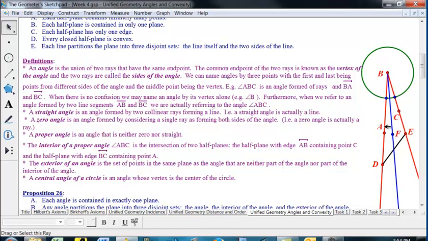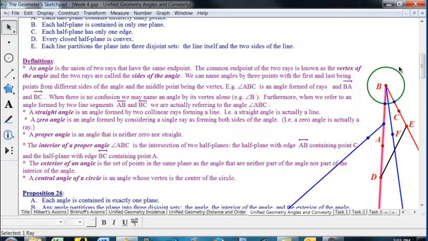But angle ABE is not adjacent to angle ABF because their interiors have some overlapping points, like right in here. Some other things are not adjacent angles, like this angle here, which has a ray enclosed in this one, but it's not adjacent to that one. Among other things, they've got to have a common vertex because they have to share a side.